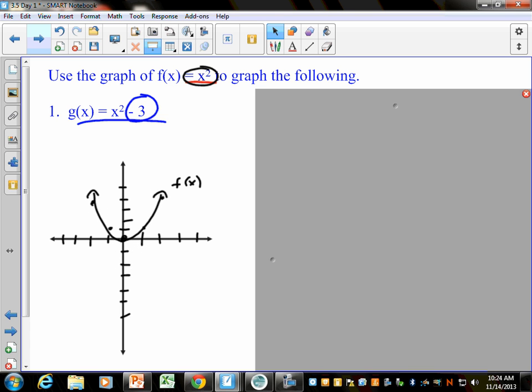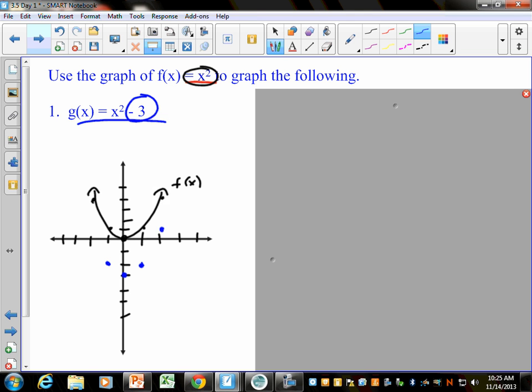You can't do that on your paper, so we actually have to make some points again. But it's where the same shape applies. So when I move it down 3, you could pick points, but the idea is that you know the shape is the same. When you go over 1, you're going to go up 1. When you go back 1, you're going to go up 1. When you go over 2, how many are you going to go up? 1, 2, 3, 4.